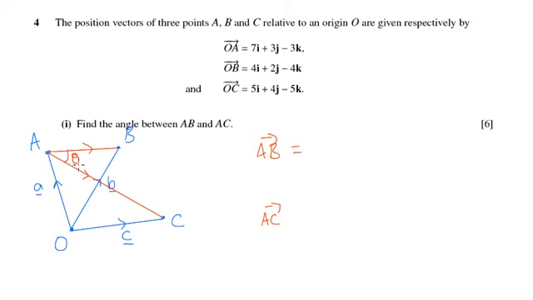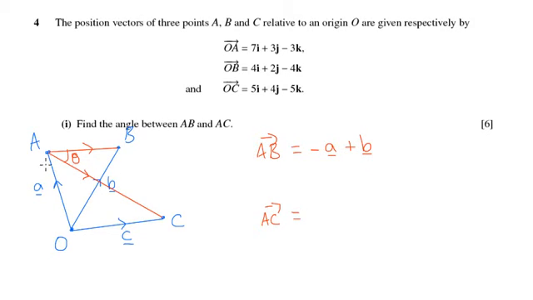Now vector A to B we can find by going backwards along A, so minus A, and then up through B. And that's the same for A to C as well.